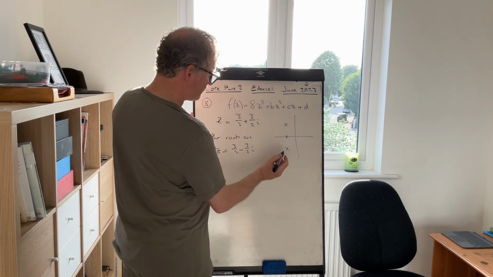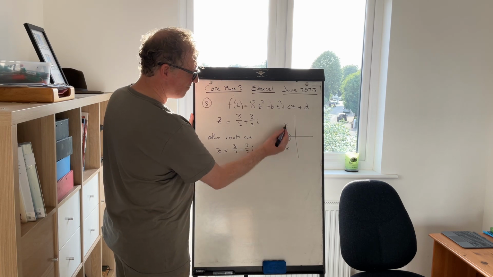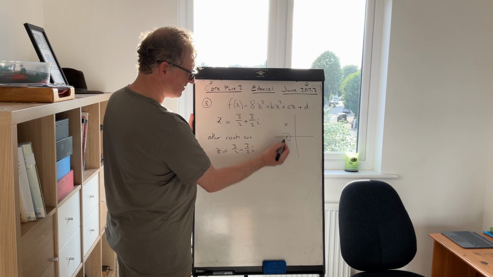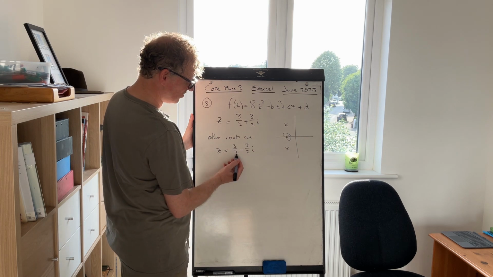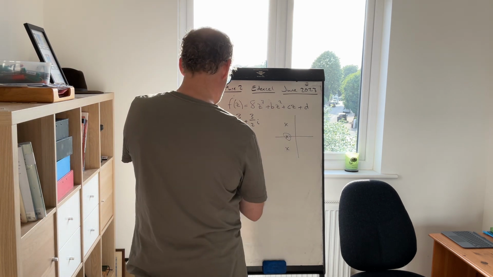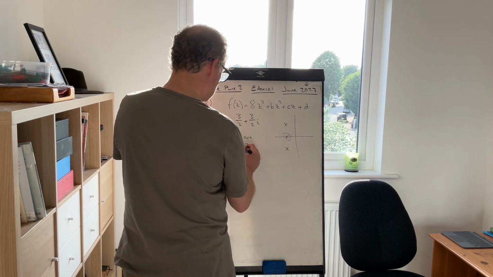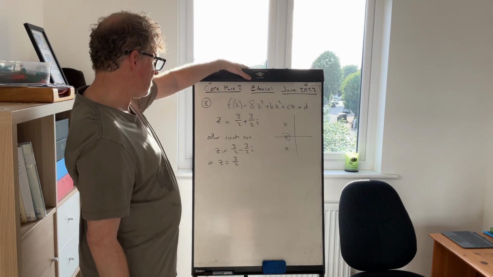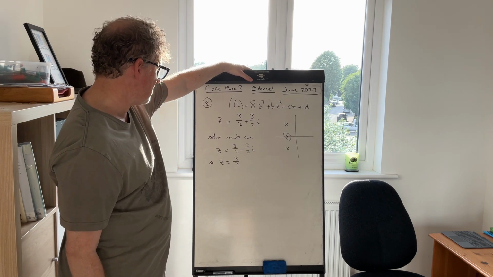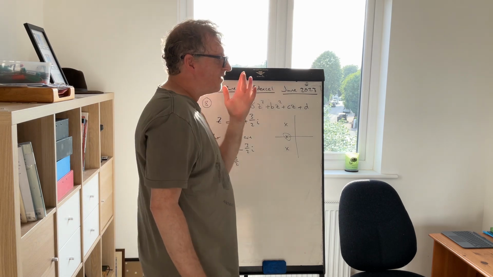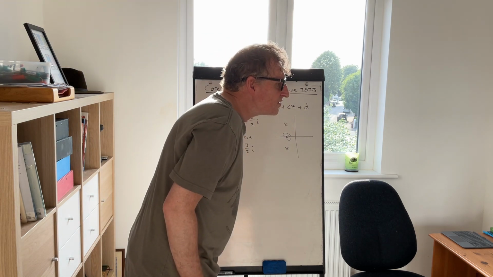And then the other root will be the real root, which will obviously have the same x-coordinate as the complex conjugate pair. So it will have the same x-coordinate, 3 over 2, or z equals 3 over 2. So those are your 2 other roots: 3 over 2 minus 3 over 2i and 3 over 2 itself. There we go. Okay, I think that was just a 1 marker. So the other 2 roots of f(z).